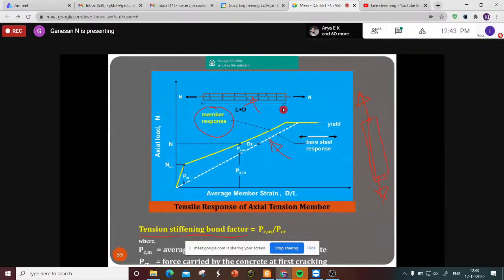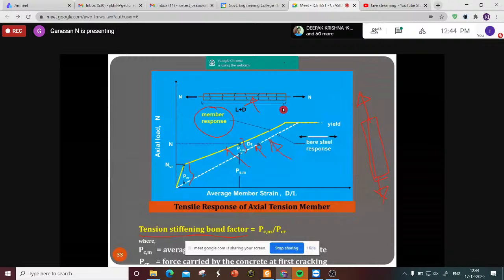There is an increase in the value of the tensile response that you can calculate. This is the bare steel and this is the member response. This distance divided by the Pcr value is called the tension stiffening bond factor, in order to quantify the tension stiffening bond effect.